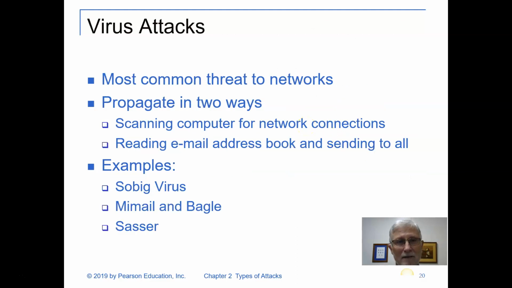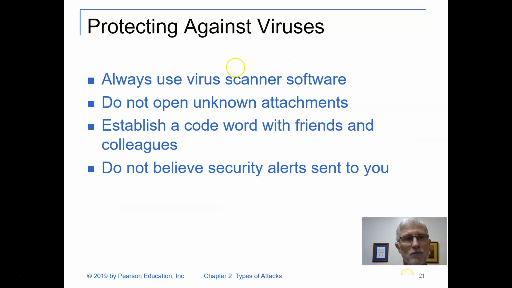Virus attacks are probably the most common, and they can be propagated in a couple of different ways: scanning a computer for network connections, or reading email addresses in your address book and sending to everybody. The book goes over several different examples of virus attacks, and I recommend you read those.